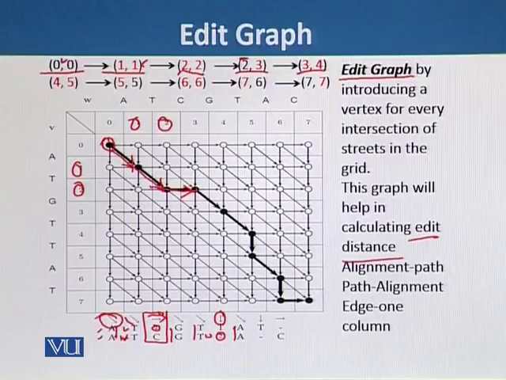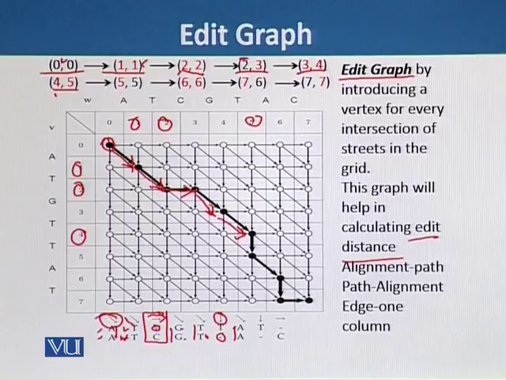So next is 3 4. 3 4 is G and G, so they are the same alphabets, so we will move in the diagonal direction. 4 5, T and T, in the diagonal direction. This is 4 and this is 5. Again we have a missing alphabet in the W position, so whenever there is a missing alphabet, we will move in the south direction.